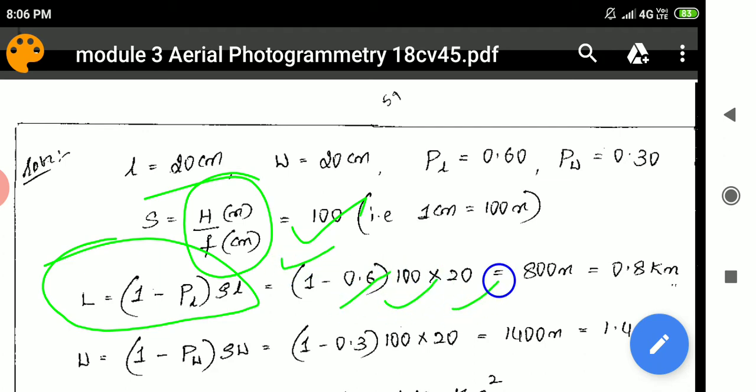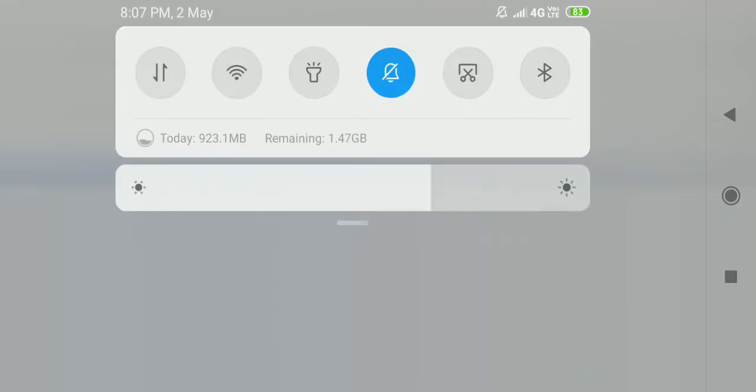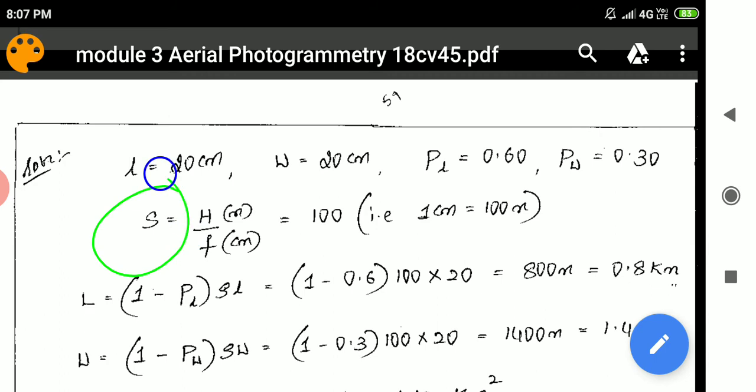Okay. So already we know SL. 1 minus PL, 20 centimeter, where it is in 100 meters, like this. What is the SL formula? SL or S is 100. See here 100 and also 20.